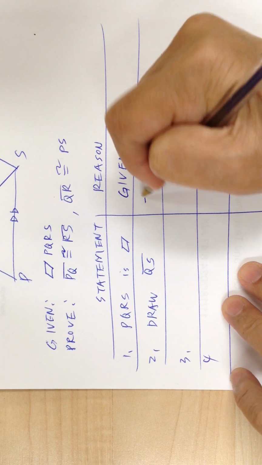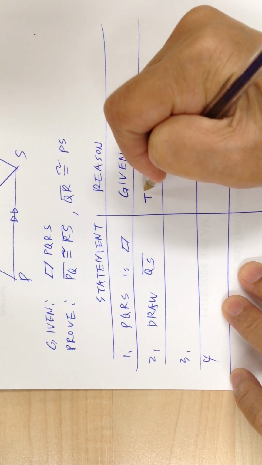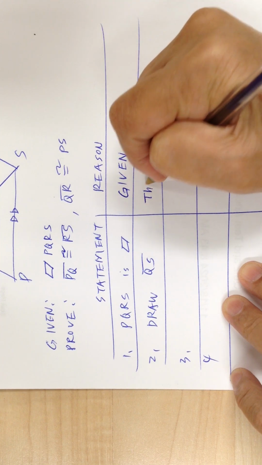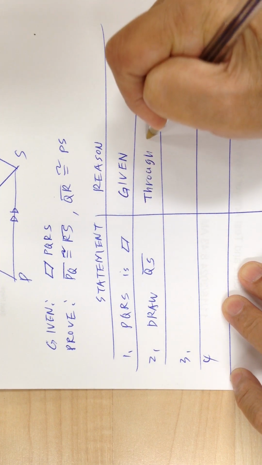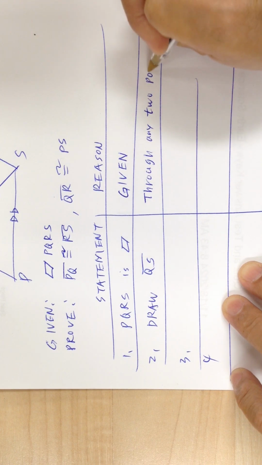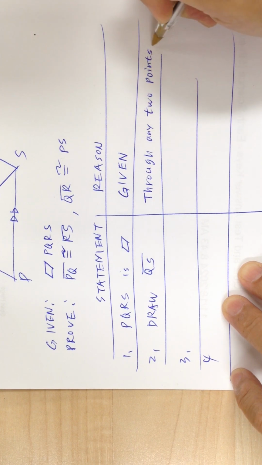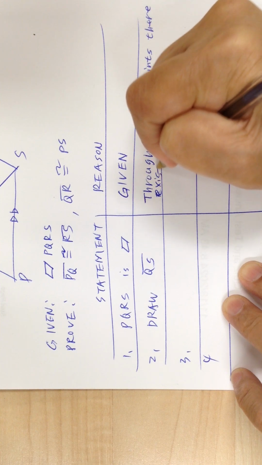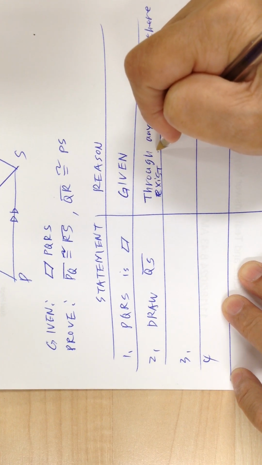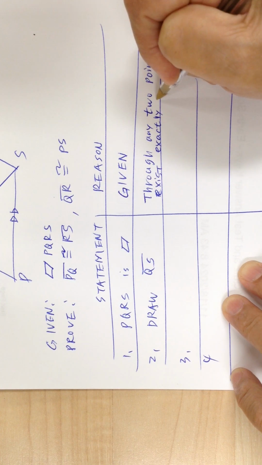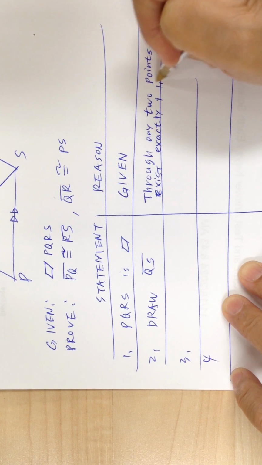The reason is that through any two points there exists exactly one line.